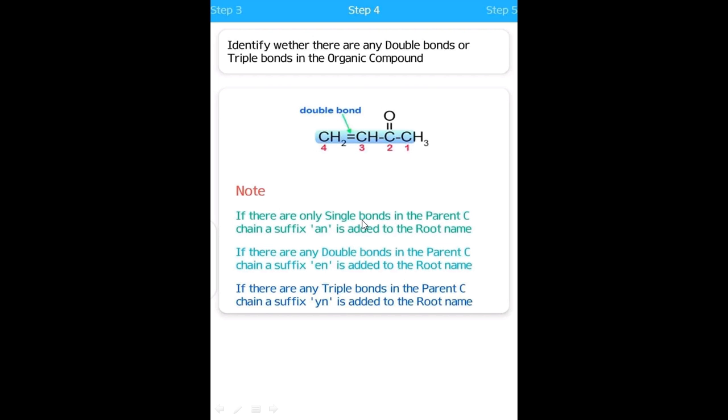So let's say the parent chain is hexane and it has a double bond, it will be named hexene. If there's a triple bond, "yne", which represents an alkyne, is added to the root name. This one has an "en", so the root name will contain "en" because it's an alkene which has a ketone functional group.